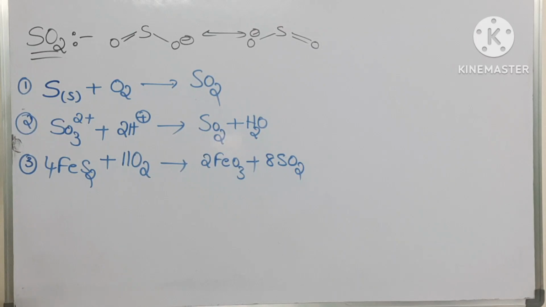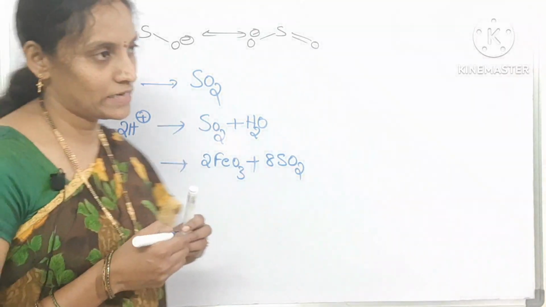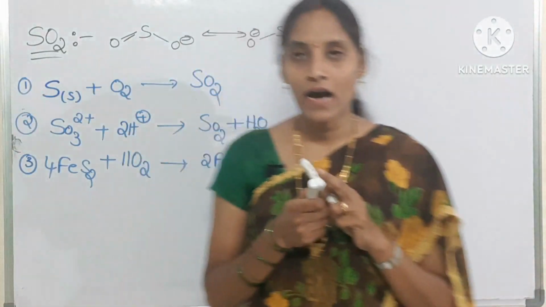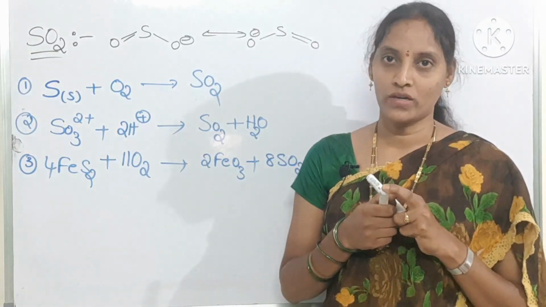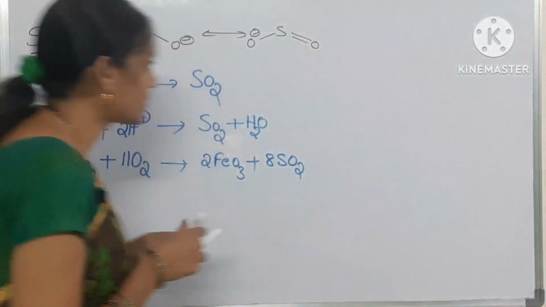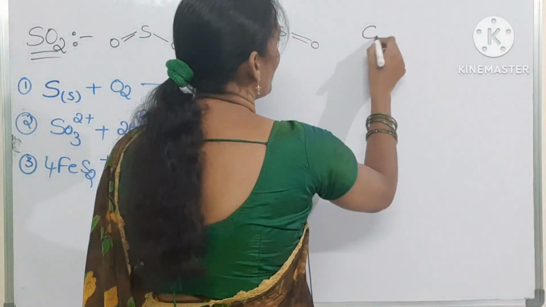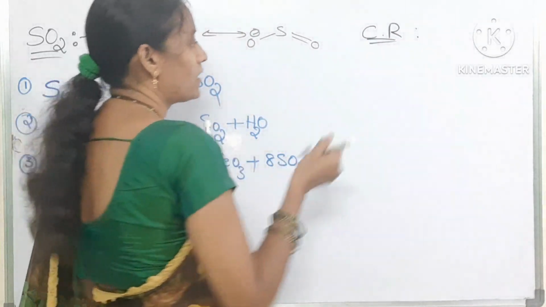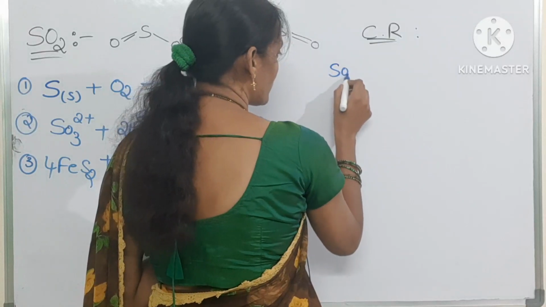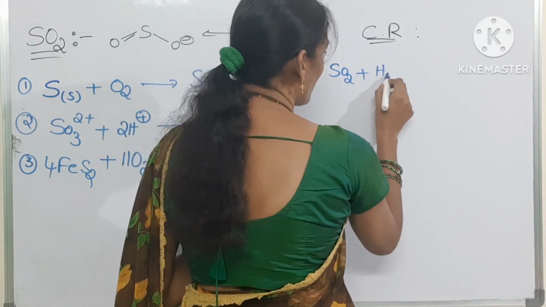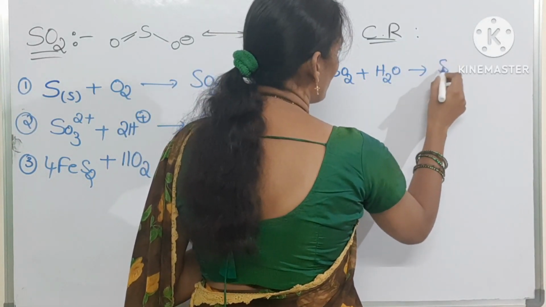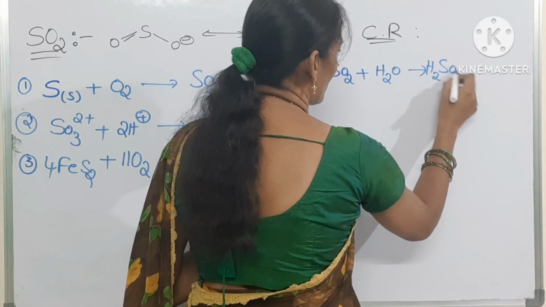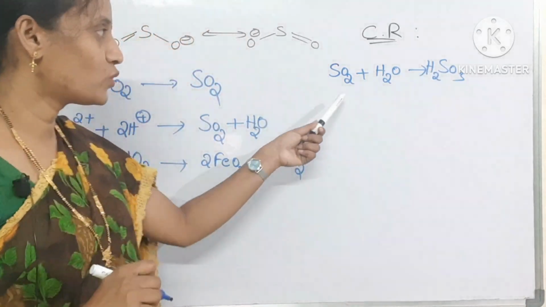And then we will go to its chemical reactions. Sulfur dioxide is highly soluble in water. So I am writing here chemical reactions, highly soluble in water. You can write SO2 reacts with water, it gives you H2SO3, sulfurous acid.